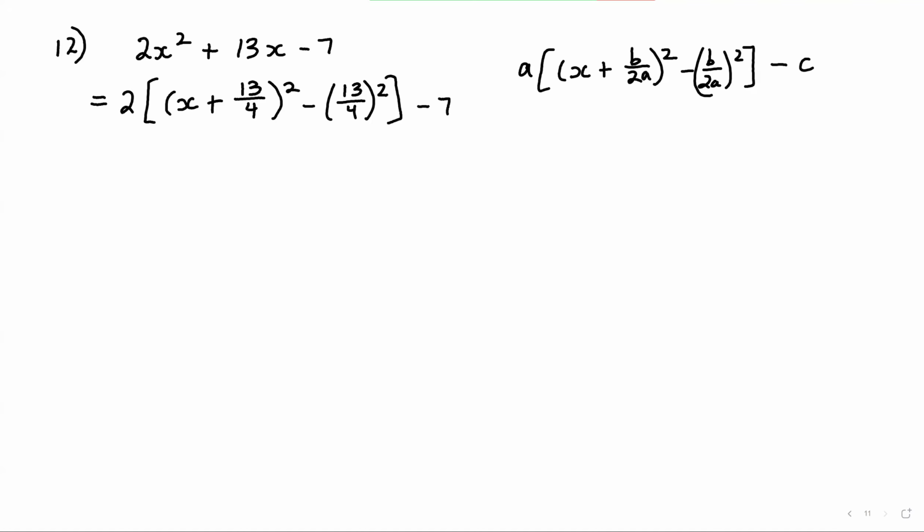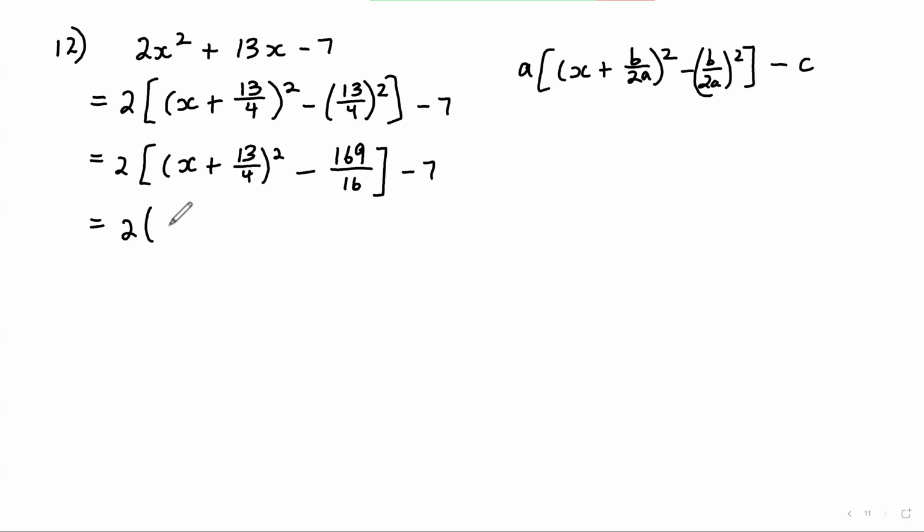Then it'll be 2 times x plus 13 over 4, all squared, minus 169 over 16, close your bracket, minus 7. That will be minus 169 over 8, minus 7.